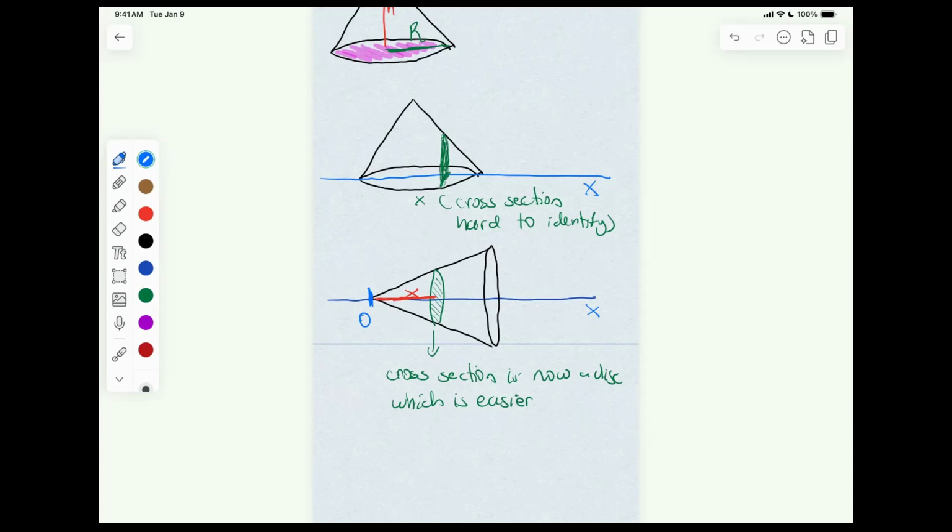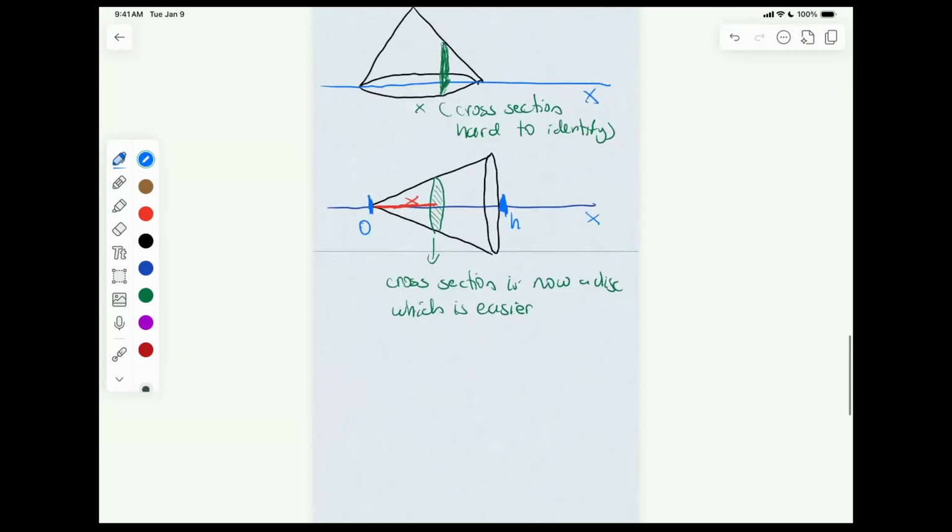From 0 to, before this was the height, so when you turn it upside down, this interval is h. So here I have h. So that's good. Whatever we do, we have to do a definite integral from 0 to h. That's what this is telling us. So the goal is to find a formula for the area of this disk in terms of x.